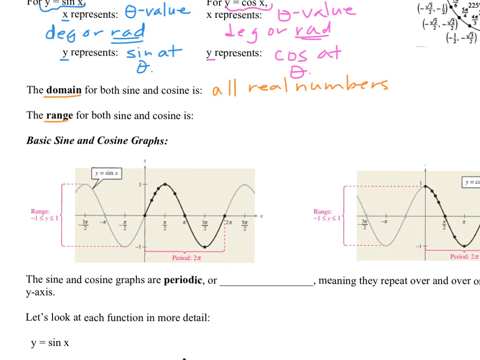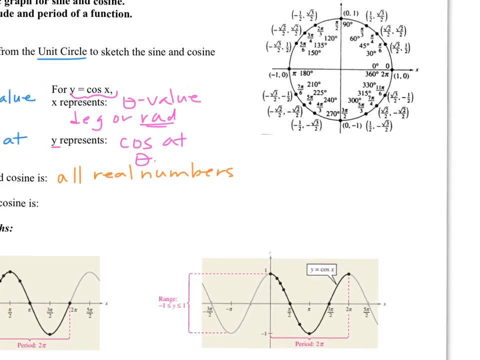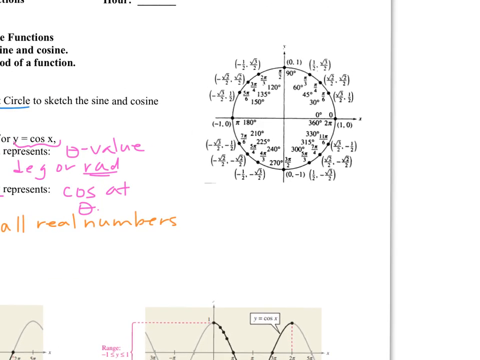Remember, on the circle, sine represented the y-coordinate. And at the very bottom, if we kind of pan over to that circle, notice at the very bottom, the smallest y value we have is -1. And you go all the way to the top, the biggest y value is +1. When we think about cosine, the smallest cosine value was -1 on the left, and the biggest cosine value is +1 on the right.